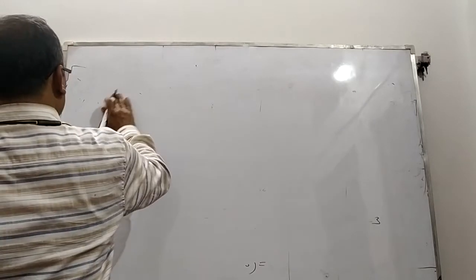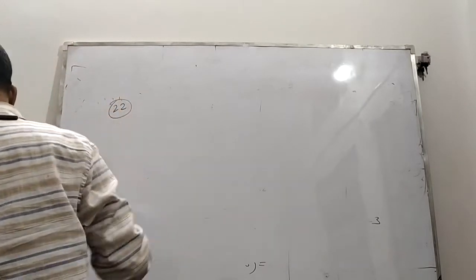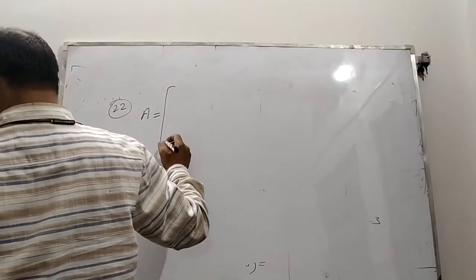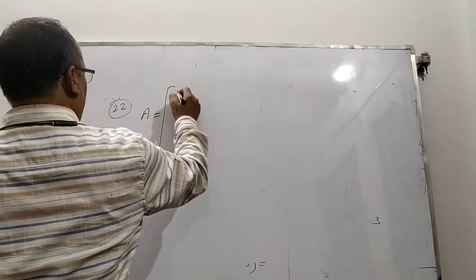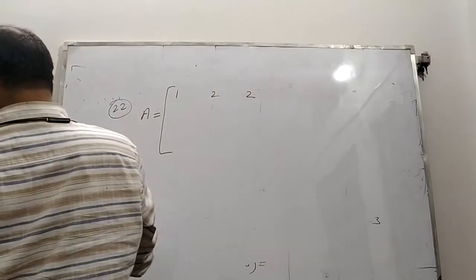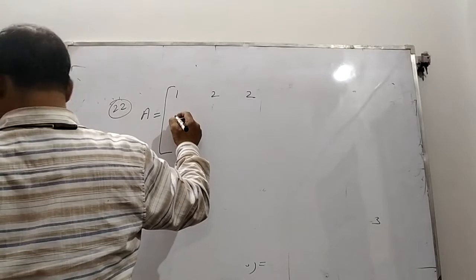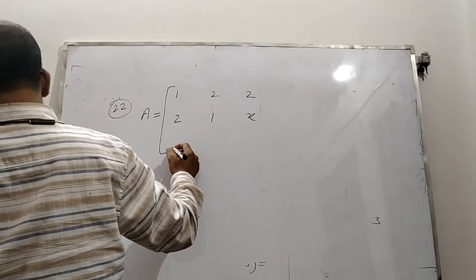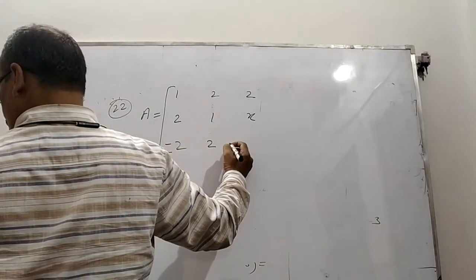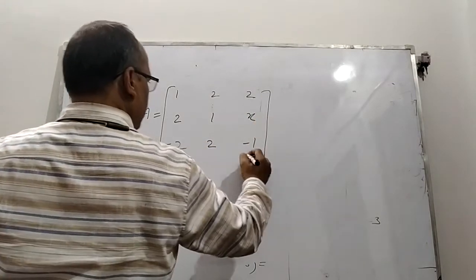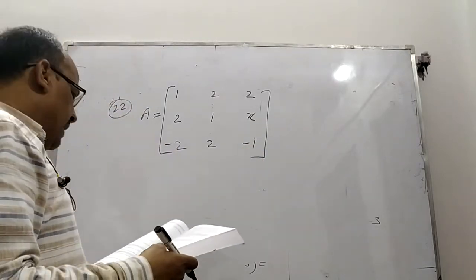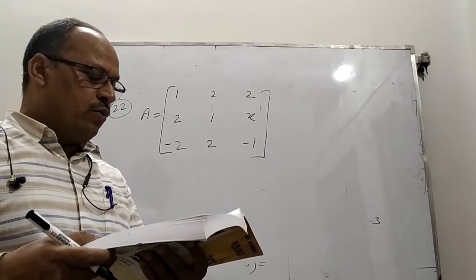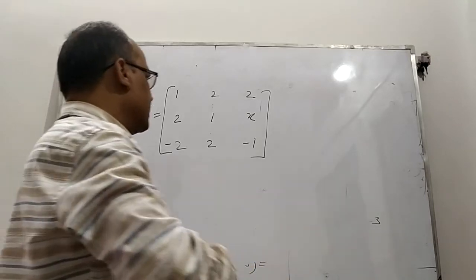Now question number 22. Here A is given: 1, 2, 2. Second row is given 2, 1, x. Third row is given minus 2, 2 and minus 1. A is a matrix satisfying A into transpose of A equal to 9 I3, find the value of x.